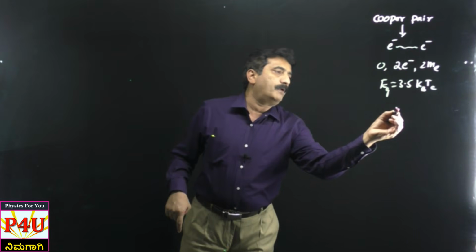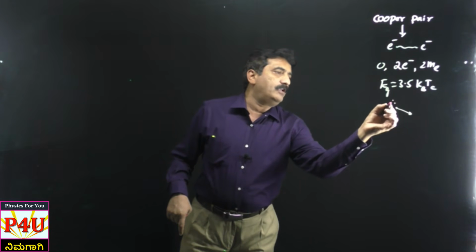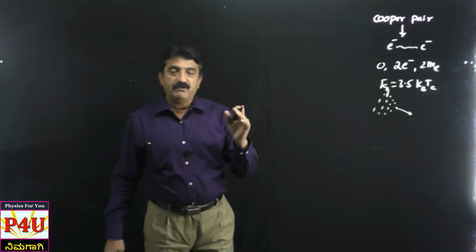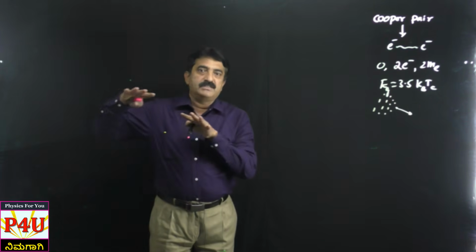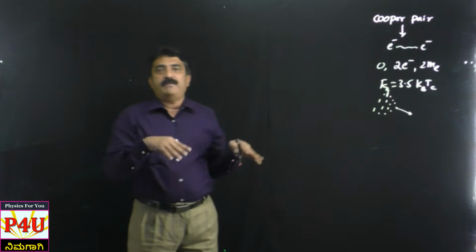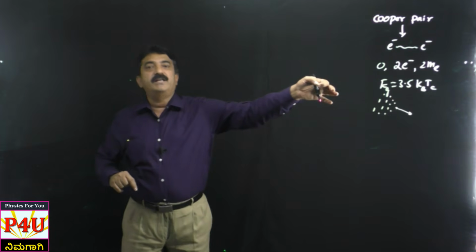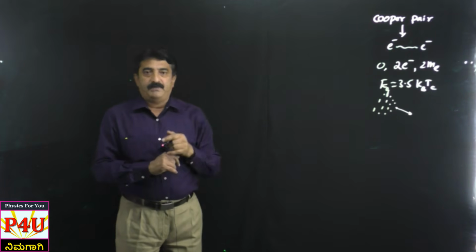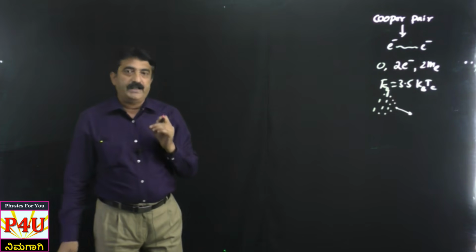That means if one Cooper pair is moving in one direction, the remaining Cooper pairs will also move in the same direction. I gave you the bird example. When birds are flying, they all fly in the same direction. If one bird deviates, all of them will follow the same track. That is called correlated motion.